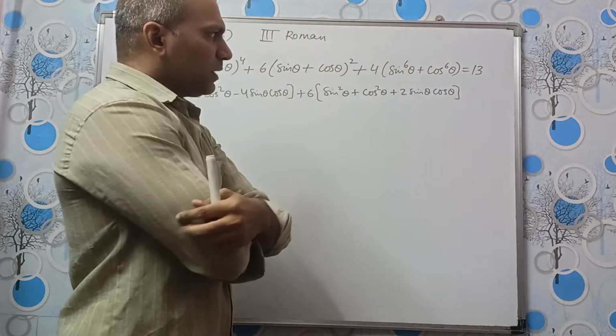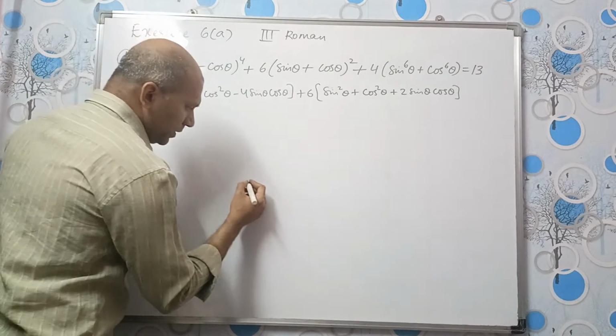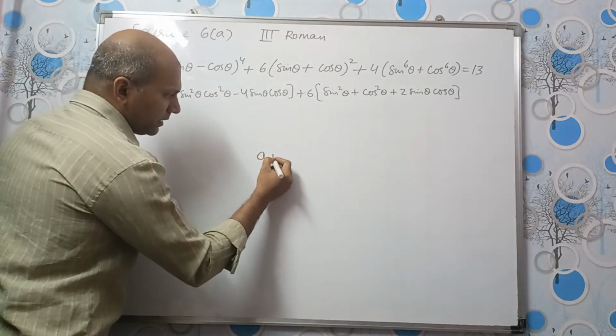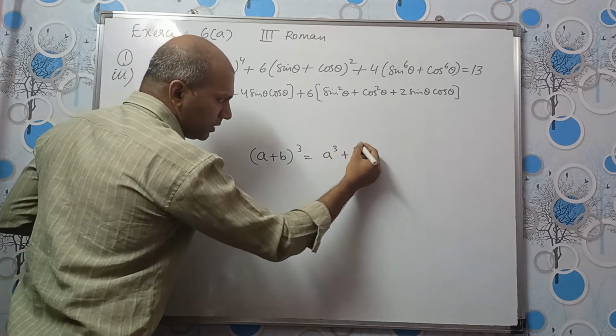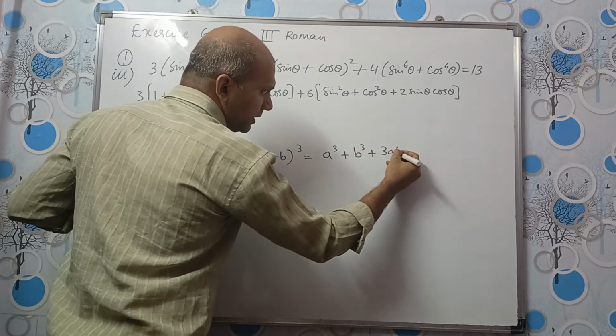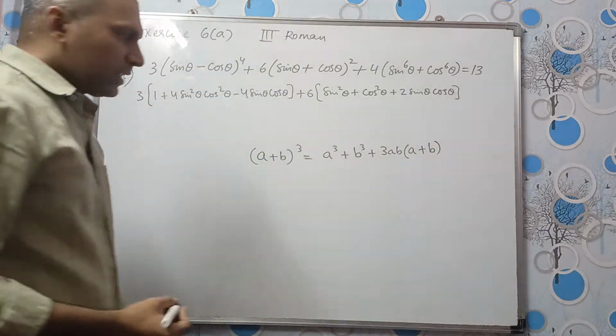Sin power 6 plus cos power 6 theta. See, we know one identity: (a + b) whole cube equals a cube plus b cube plus 3ab multiplied by (a + b).